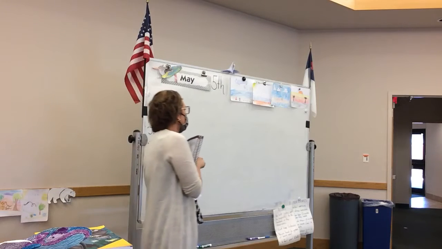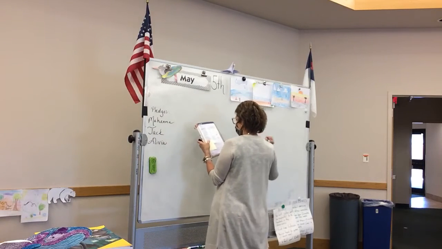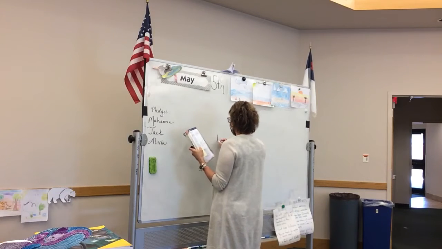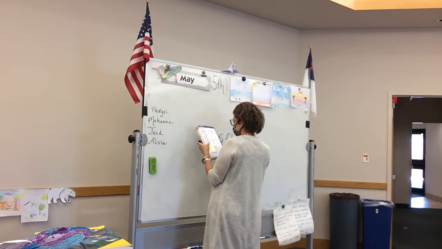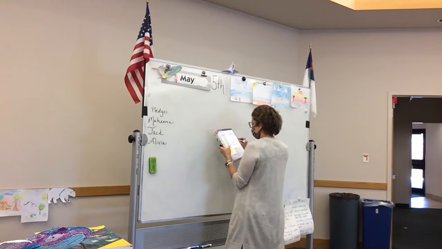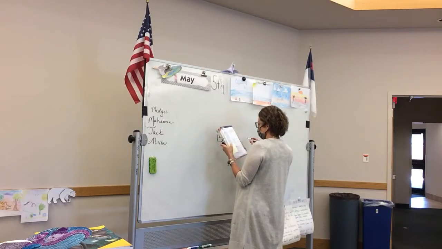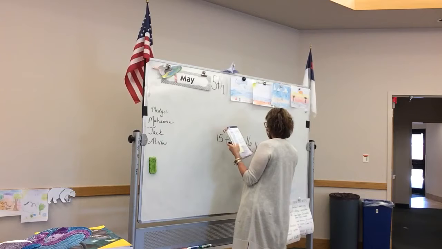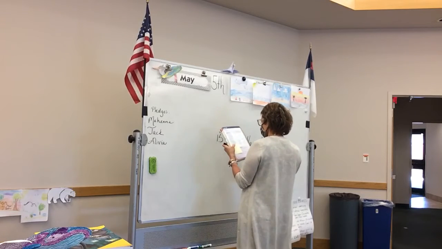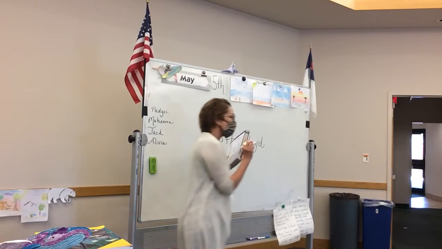So here, how about if I do this? I'm going to write down the initial. You know we have 15 feet. And then we have what? 16 what? Yards. That's correct. 16 yards. And what is the answer that we need to find? Are we going to find it in feet or in yards?